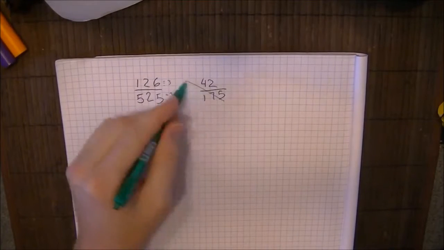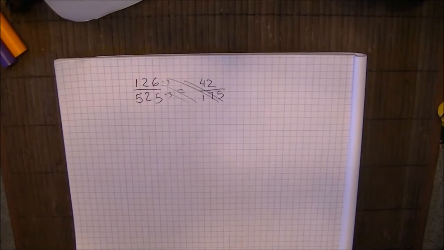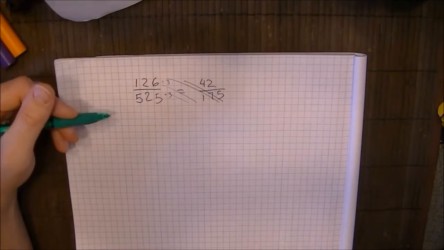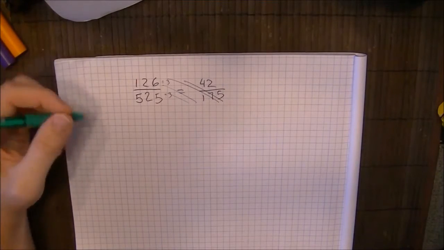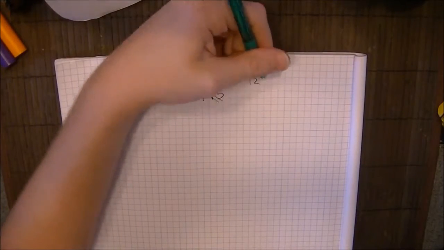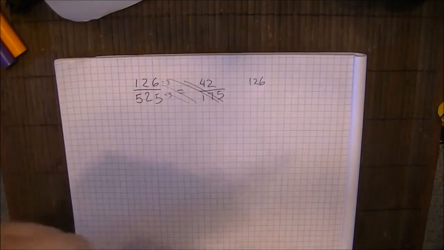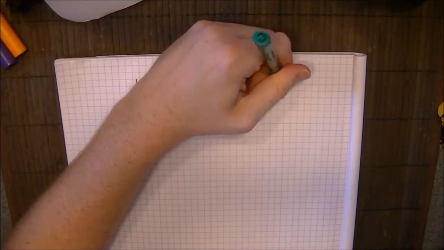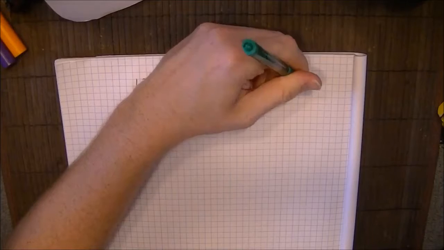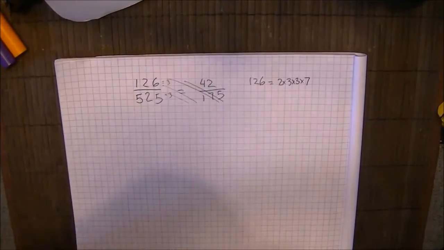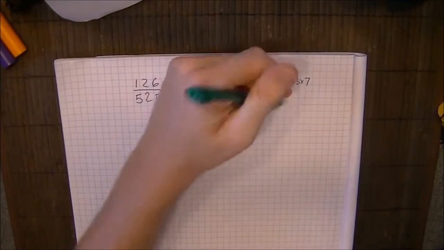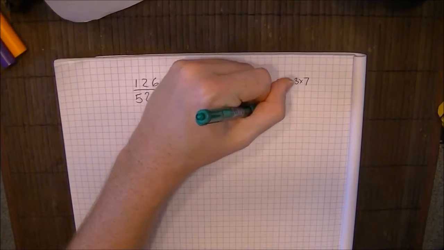So perhaps a better thing to do would be to get the prime factorization of both of these numbers and write those out. From the work that I've already done, you can just rewind if you like to see that 126 is 2 times 3 times 3 times 7. Now I don't know off the top of my head what the prime factorization of 525 is, so let's figure that out.